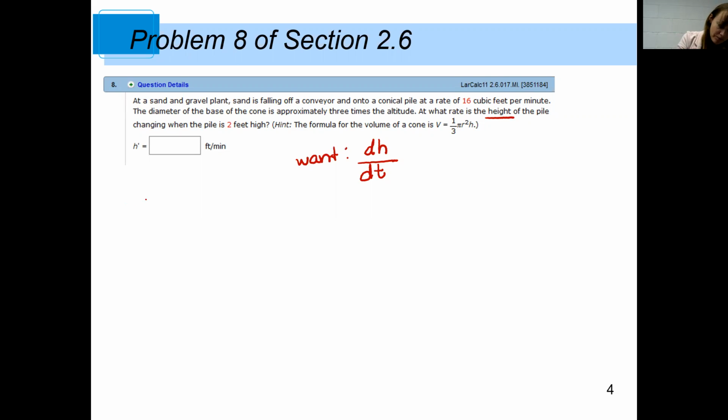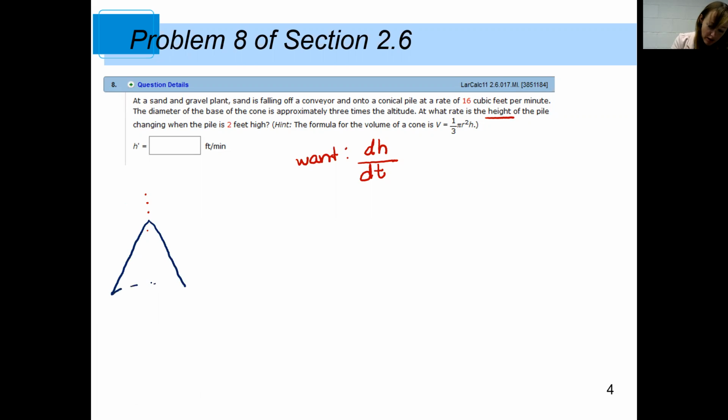Okay, so a visual, we have this cone, the sand is falling, and you can just imagine all this little sand here in this cone. Let me make this cone a little bit larger so we can really work with it.